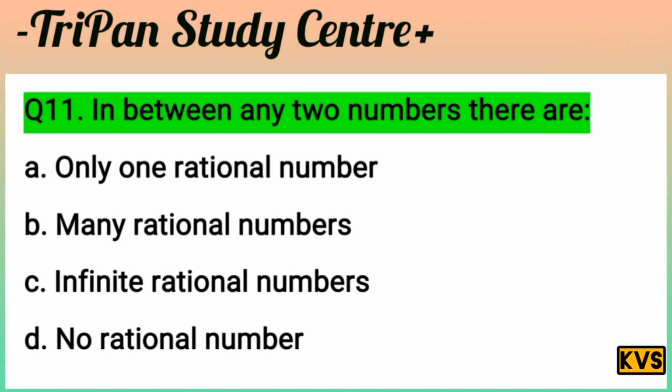Only one rational number is not applicable, B many rational numbers is not applicable, and D no rational number is not applicable. But the answer is C, infinite rational numbers. That's important. Option C is correct.